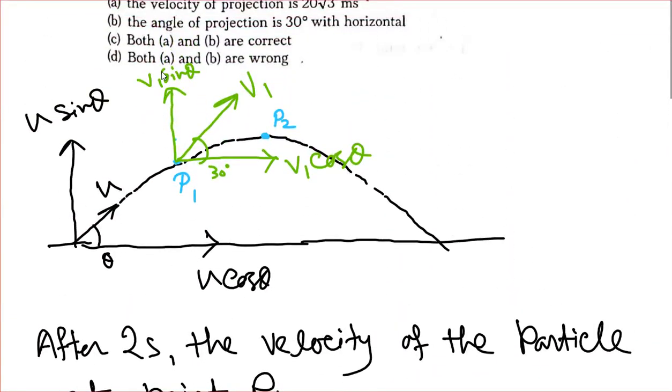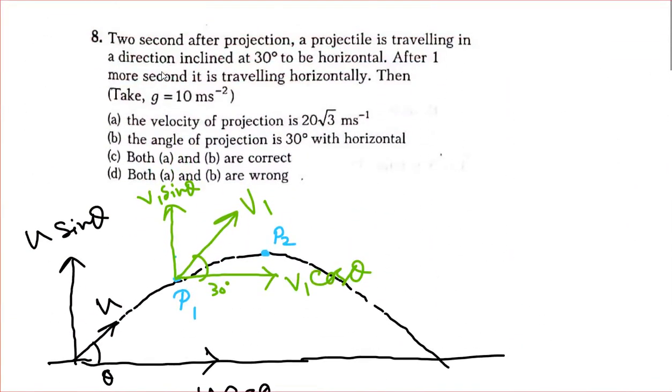What has been told in this question is that after 1 more second it is traveling horizontally, मतलब 3 सेकंड के बाद जो पार्टिकल ट्रेवल कर रहा है हॉरिजॉन्टल डायरेक्शन में. सो इसका मतलब है that there is no vertical velocity at all. There is only horizontal velocity acting.